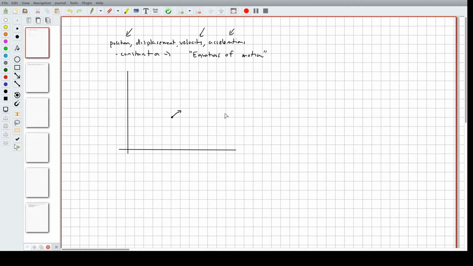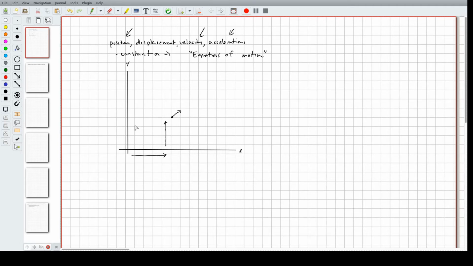Here's its location right here. Now, as it moves along x, it also moves along y. And since x and y are independent directions, we can treat motion in x, motion in y, and also motion in z as though they're one-dimensional.